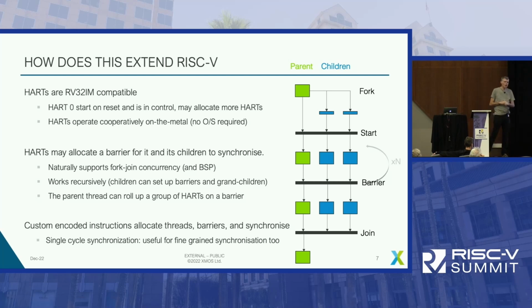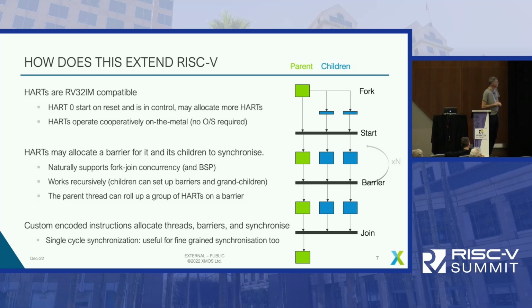The mechanism we offer as a native mechanism for them to cooperate is a barrier mechanism. So a thread, the green one on the top right, is the parent thread. The parent thread can allocate a barrier and then use that barrier to attach a number of child threads, and then iterate over this barrier many times for the child threads to make steps until they finally join.